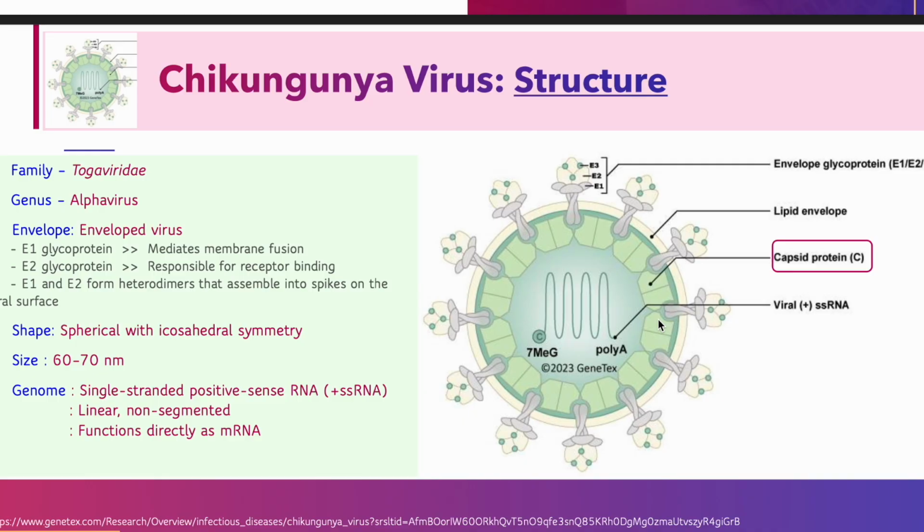They are assembled into spikes on the surface of the virus. And this chikungunya virus also has a capsid protein inside. The shape is spherical with icosahedral symmetry. The size is around 60 to 70 nanometers, and the genome is single-stranded positive sense RNA again.